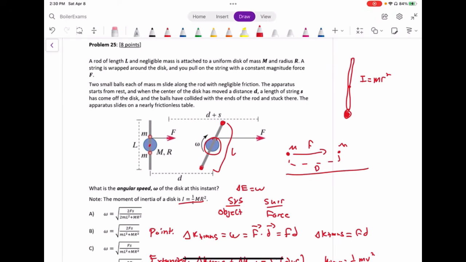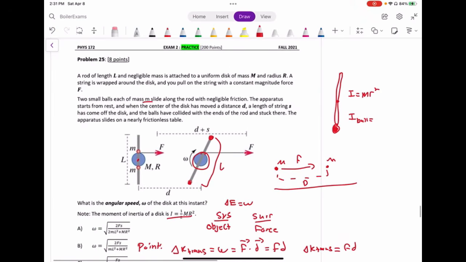So that means, the inertia of the ball, I'll call it I ball. The balls have mass little m, and then our radius is L over 2, right, because they're half that length.